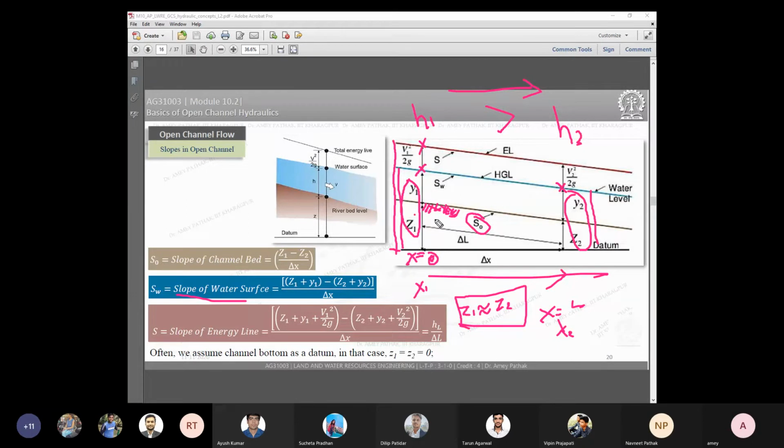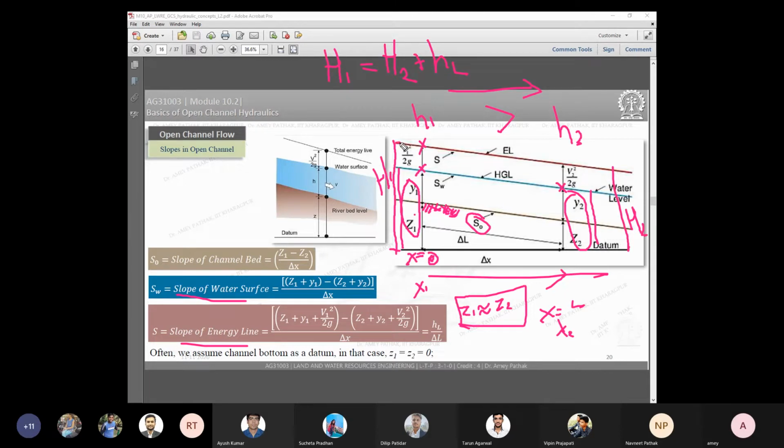So H1 minus H2 by delta X is your slope of water surface, and you have the slope of the energy line, meaning total H1 including the velocity head, and this is your capital H2. So H1 is equal to H2 plus head loss.